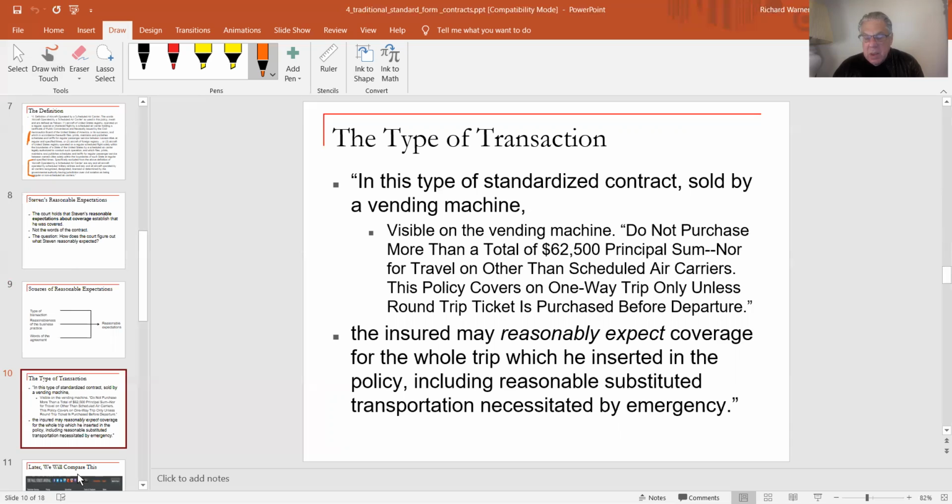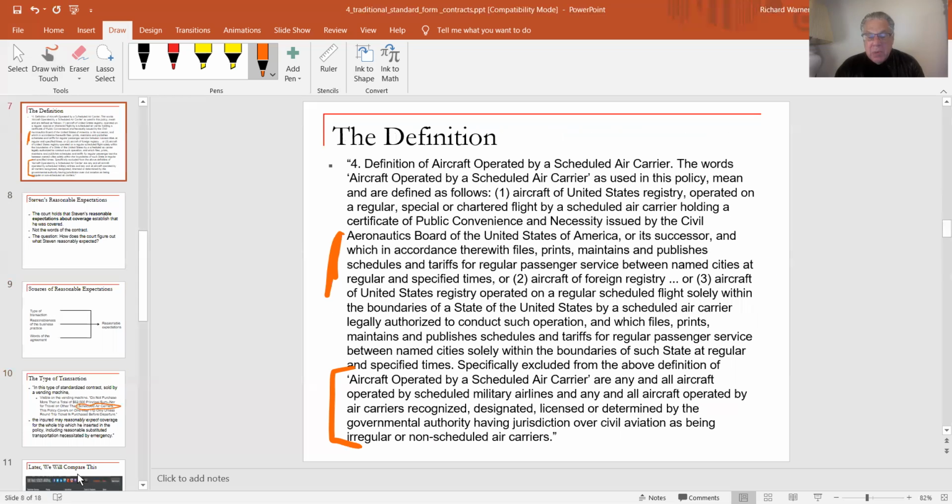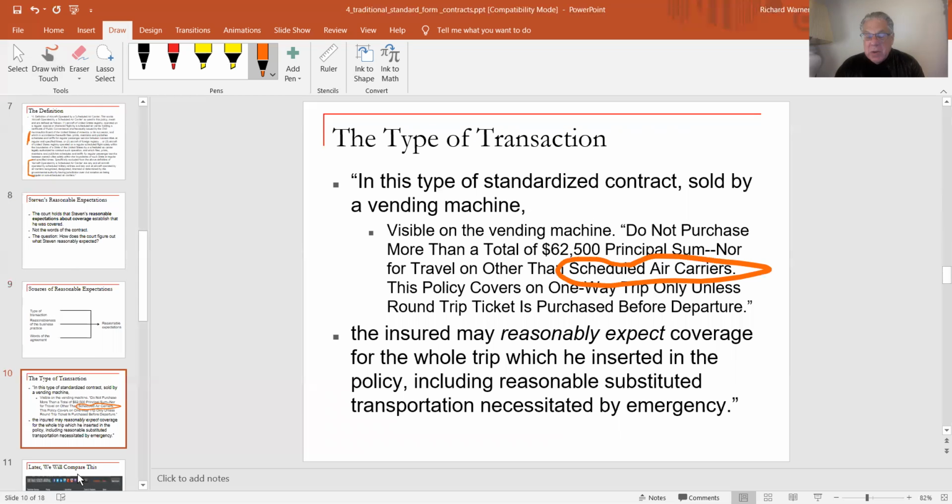So here's the term that we saw with this complex definition. But this complex definition is not on the screen. So Mr. Stevens walks up to the vending machine. Here's what he sees. He purchased his ticket. What does he think? Does Mr. Stevens think, well, gee, I just purchased insurance for my air trip, and if in an emergency I have to reasonably substitute a different aircraft for the one on my ticket, am I covered?